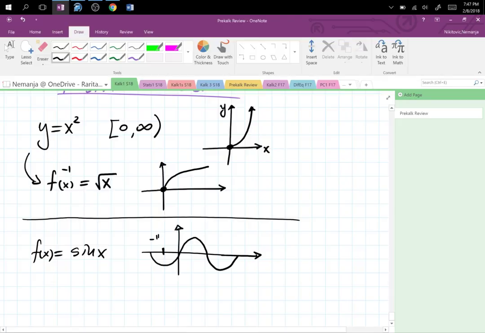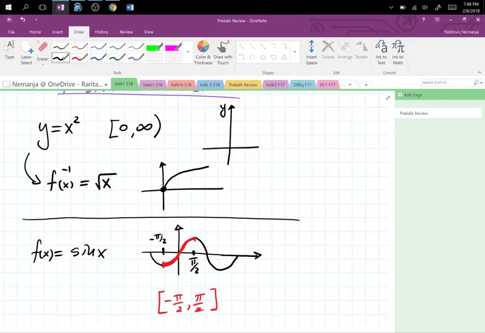You cut at -pi/2 and pi/2, so only the highlighted part is the one you use. As soon as you use the highlighted part only, which is now restricted domain from -pi/2 to pi/2, you will have the inverse now.